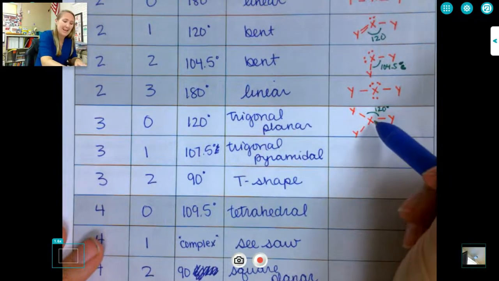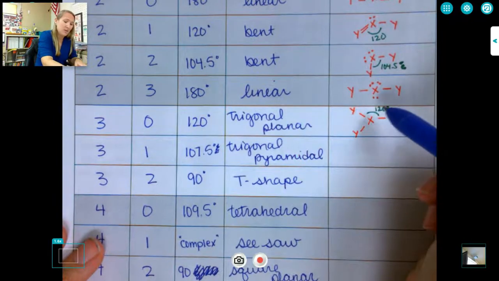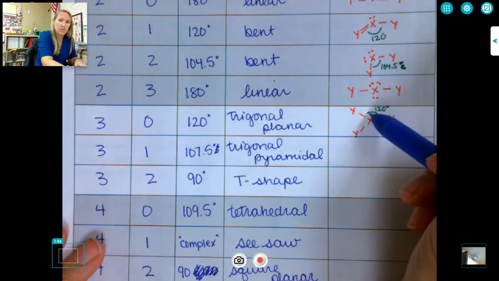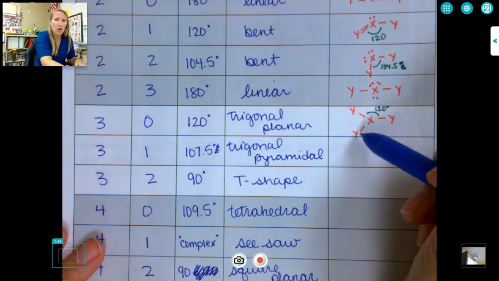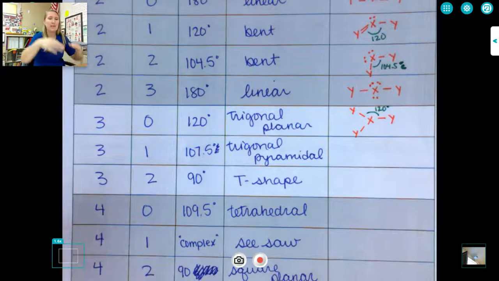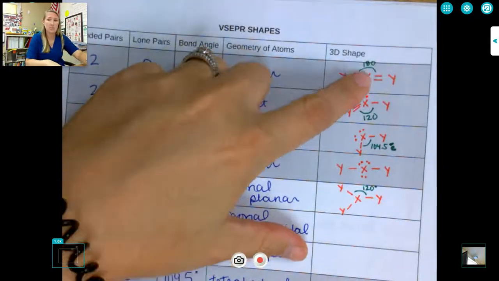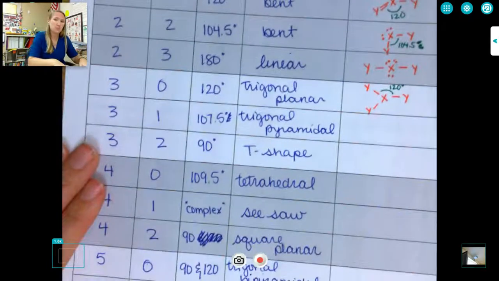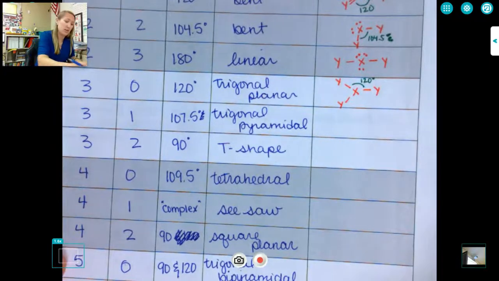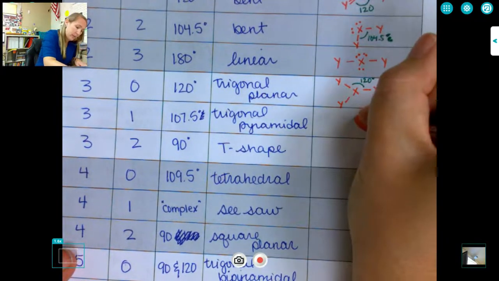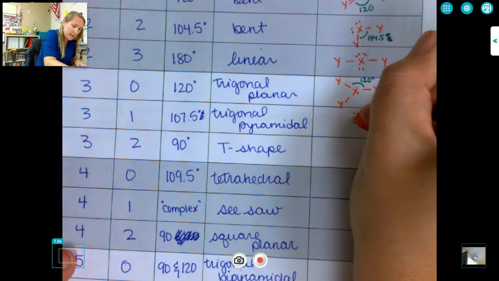Now, if I go ahead and I add in a lone pair of electrons, that lone pair of electrons is going to come in from the top, and it's going to push all of these bonds down because now it doesn't want to sit even with them. It's going to shove them down, just like how it did up here. So I'm going to push my bonded electrons down. I'm going to have my lone pair hanging out at the top.